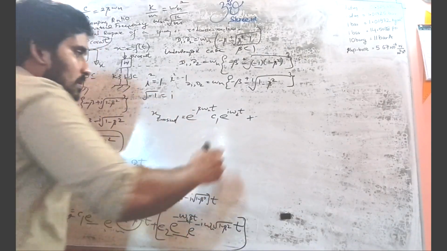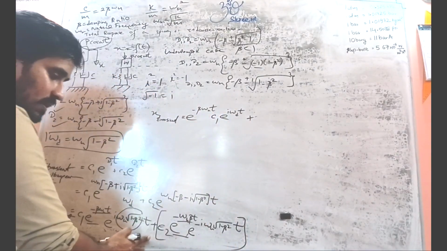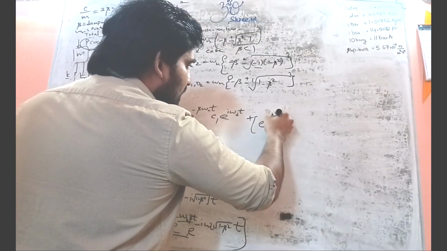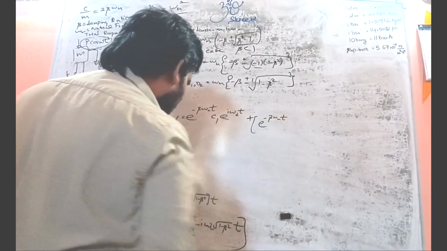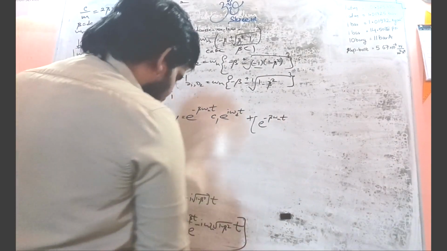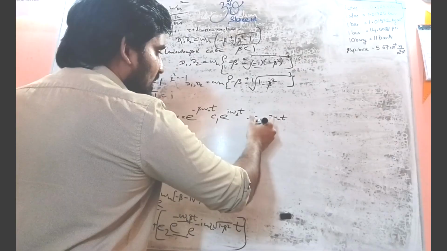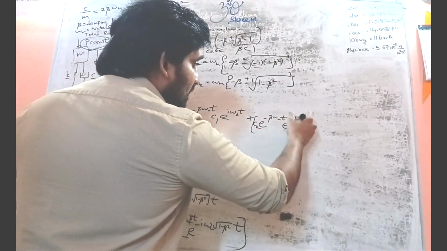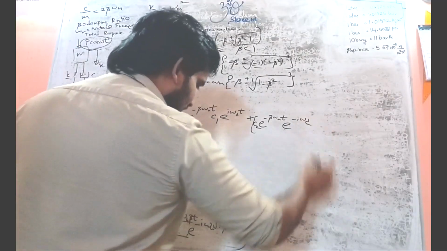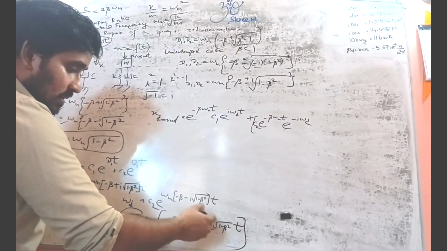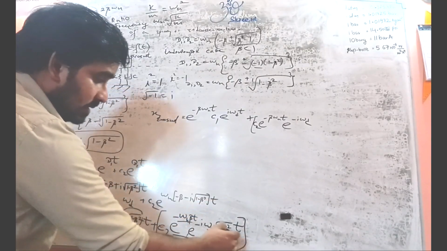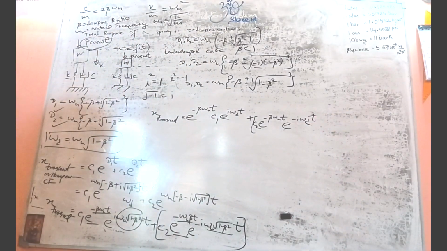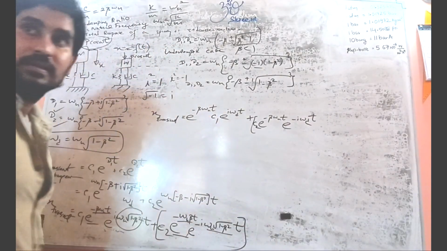Plus e to the power minus beta omega n t, then that constant c2 will be there, so better write it at the top. c2, then e to the power minus i omega d times t, because this t is a must.